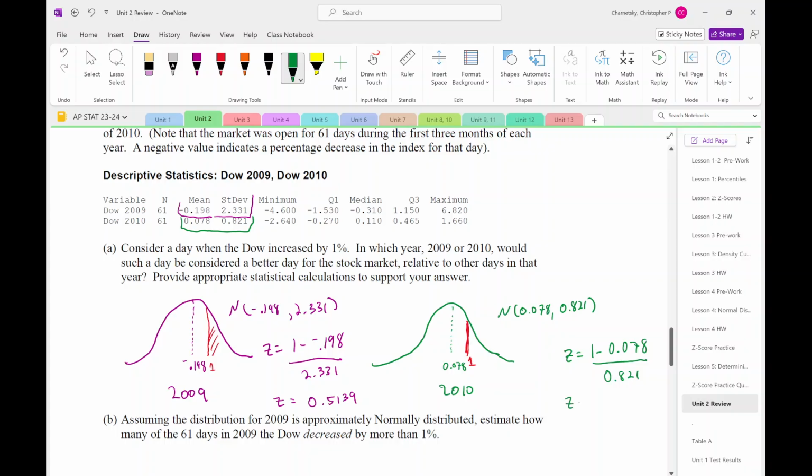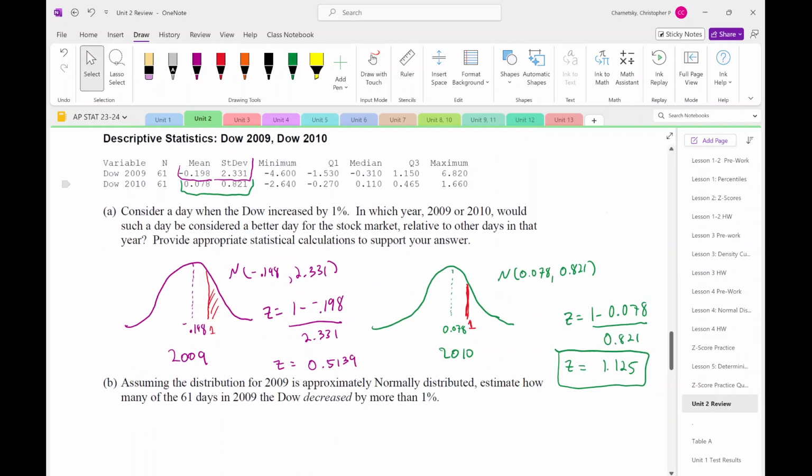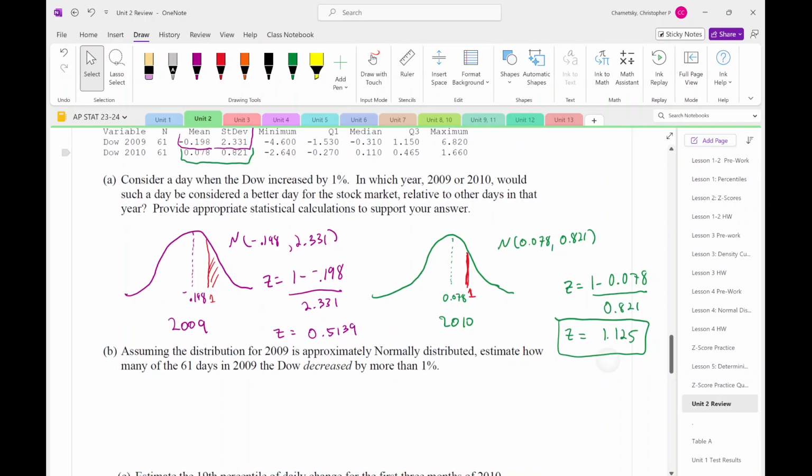And that gives us a z-score of 1.125. So, which one was better? In 2010, that is over 1 standard deviation better than the mean, than in 2009, which was only a half a standard deviation away from the mean. So that was a better year to be having an increase of 1%.